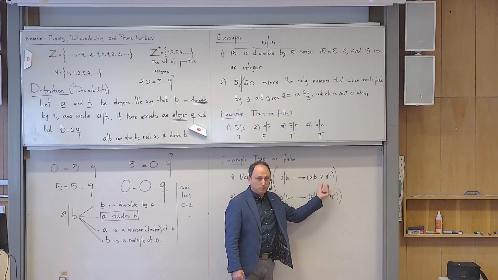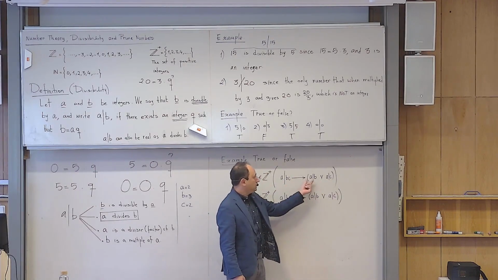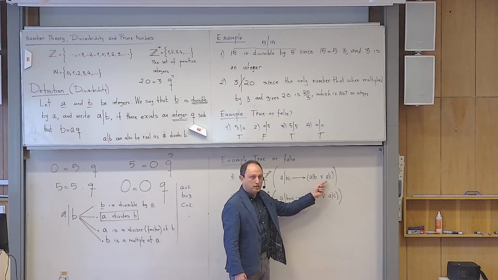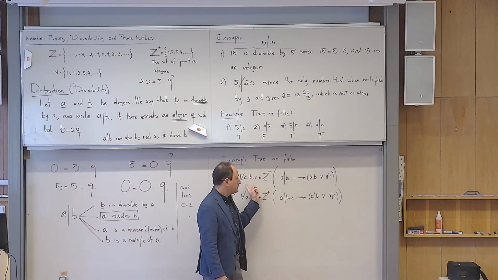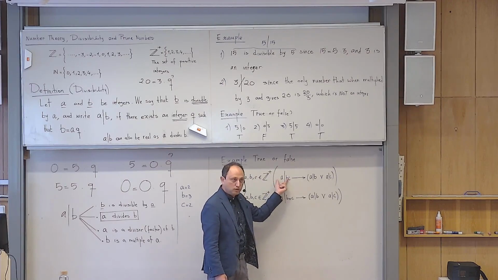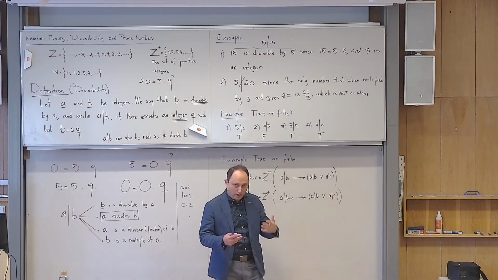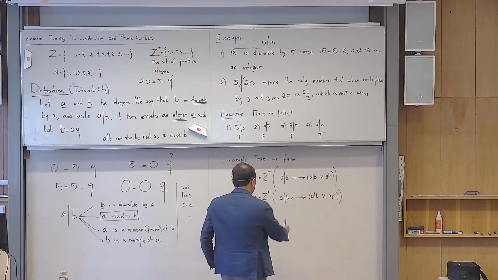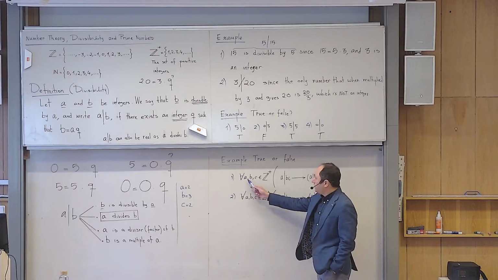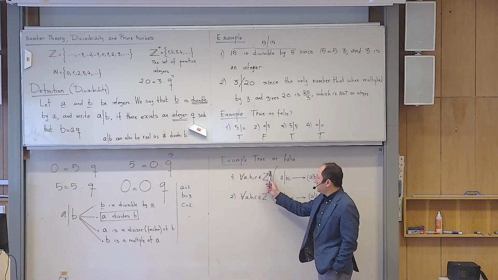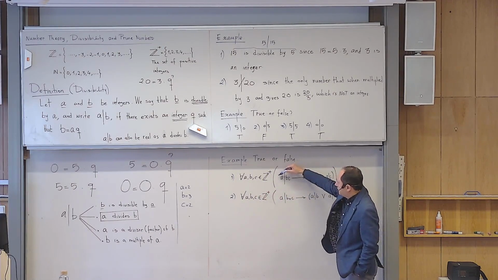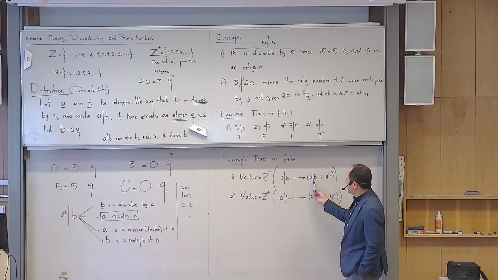Is that clear? This is not claiming that A divides B or A divides C for every number. This tells you that for every number, if this big if is true, I guarantee one of them. This is the way you need to understand these sentences. For every triple A, B, and C in Z plus, if you respect this condition, then I guarantee at least one of them is working.